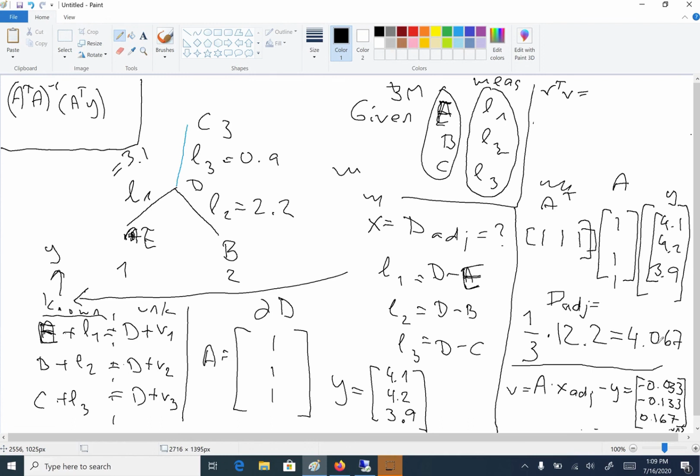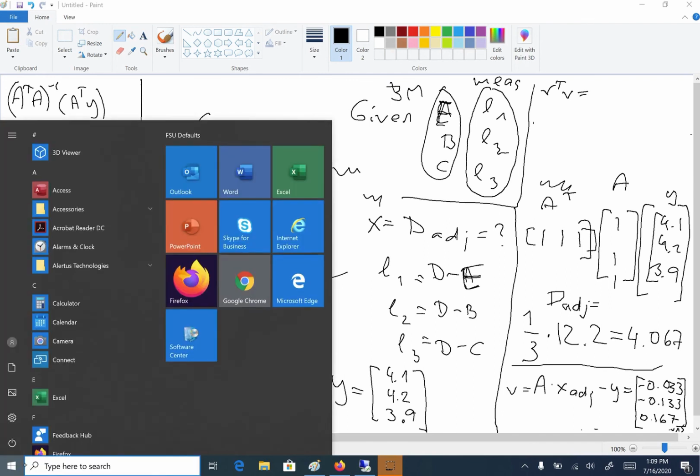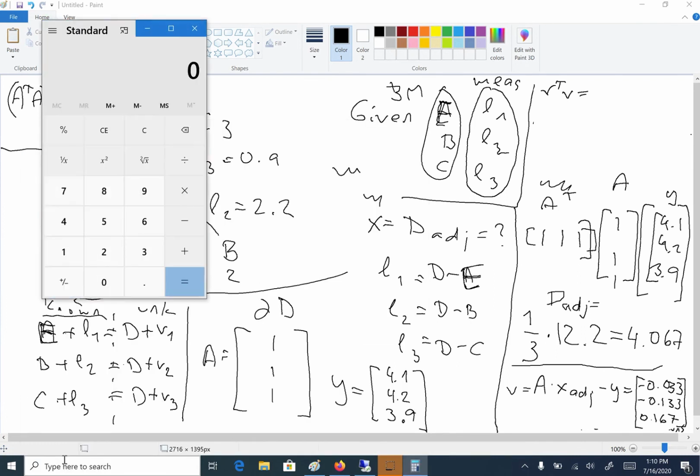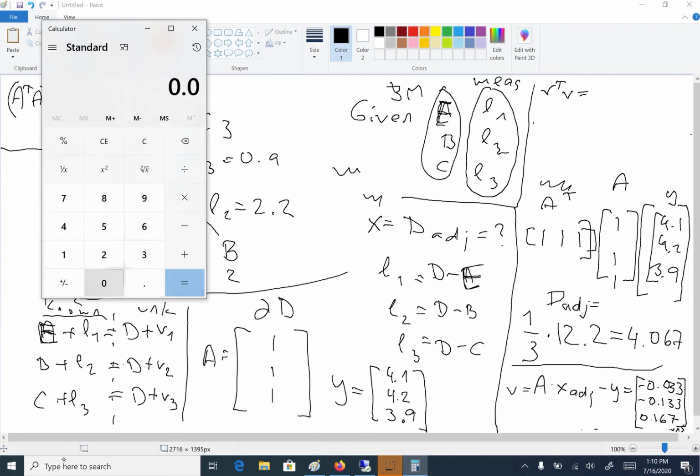So that's going to be, there it is, calculator. 0.033 squared plus the others.